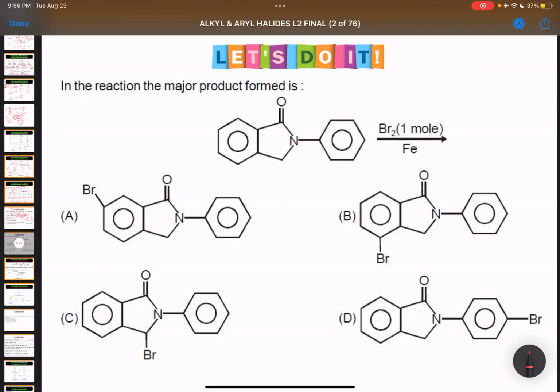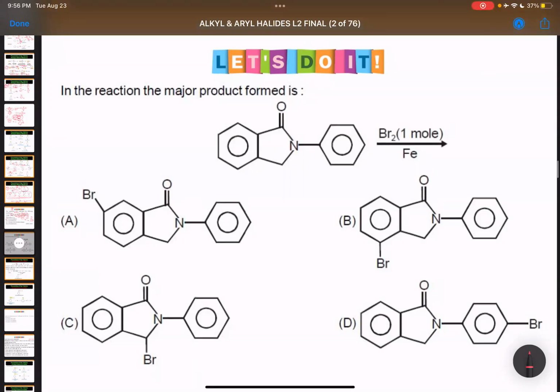Where should I put my Br atom? Which ring should I choose, the left one or the right one, for the attachment of Br plus? The right one.